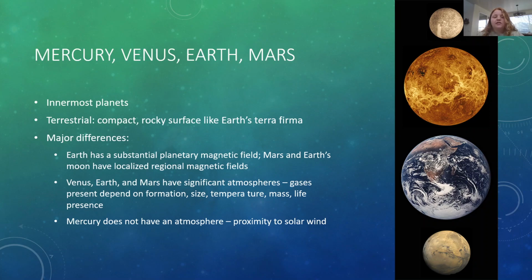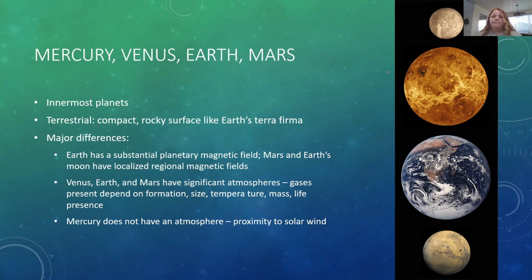And then Mars and Earth's moon have regional ones. So I'll have a picture in the future, but there is a planet-wide magnetic field that's covering our entire surface that protects us. But Earth's moon and Mars have small little regions on the surface that have magnetic fields.